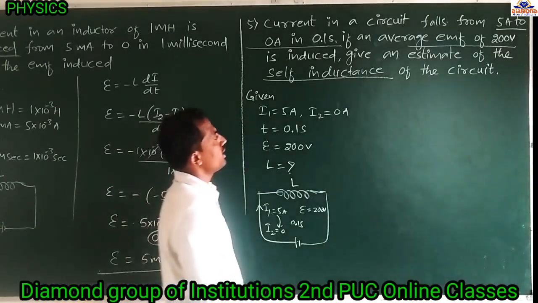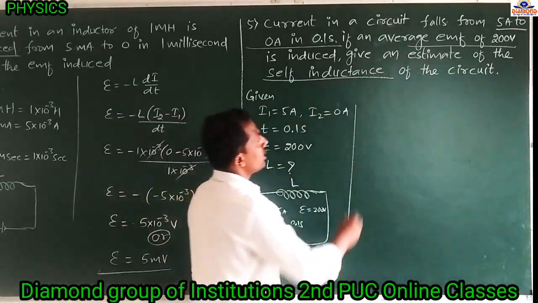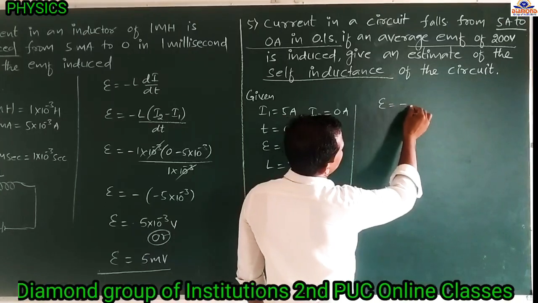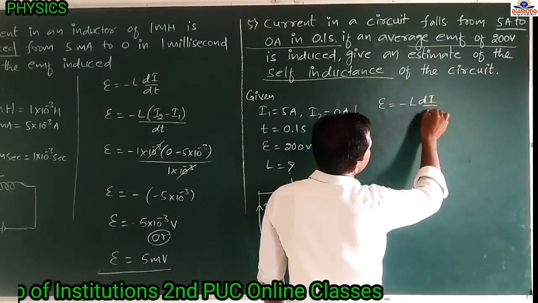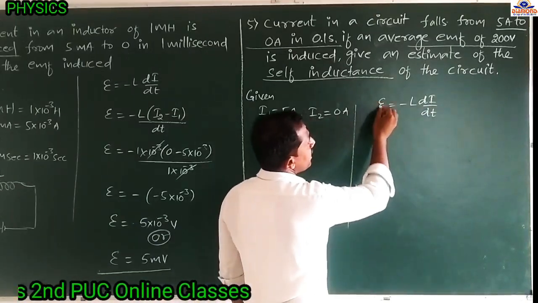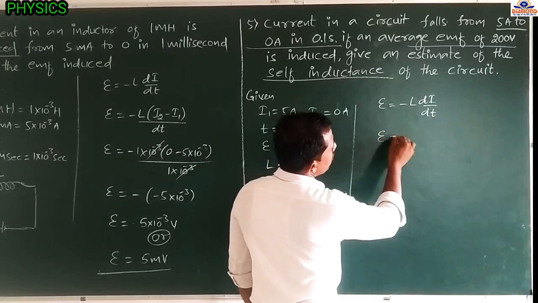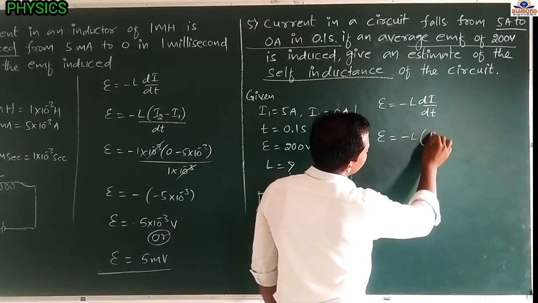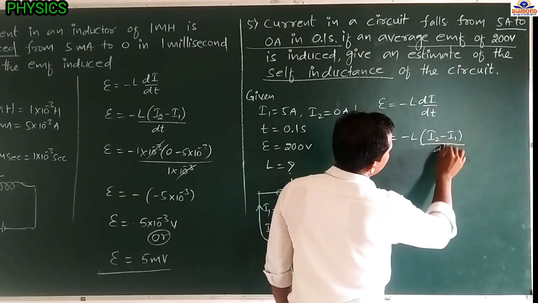Okay, then substitute this value in the formula. What is the formula? E equals minus L di by dt. Then E means induced EMF. One step, write down: E equals minus L, I2 minus I1 divided by dt.